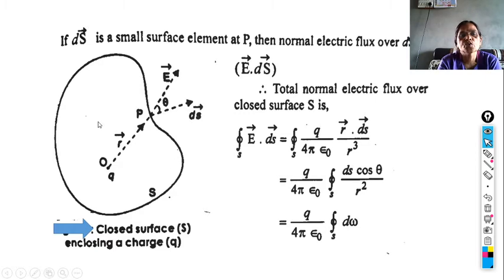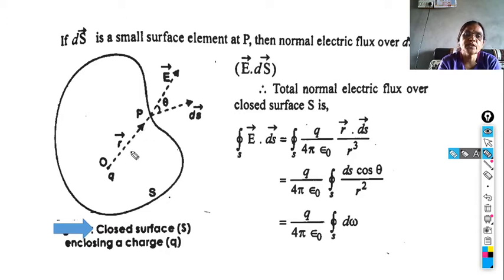Now the discussed situation is here. It is the closed surface S bounded by volume V, and the charged particle Q is here, enclosed in this closed surface S. Initially it is situated at the point O. Now this charged particle is performing its motion along the direction OP bar.